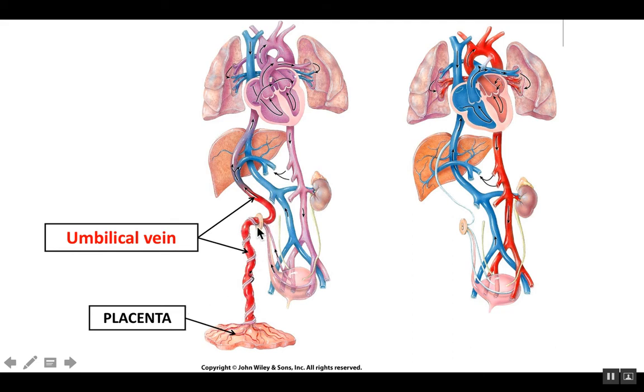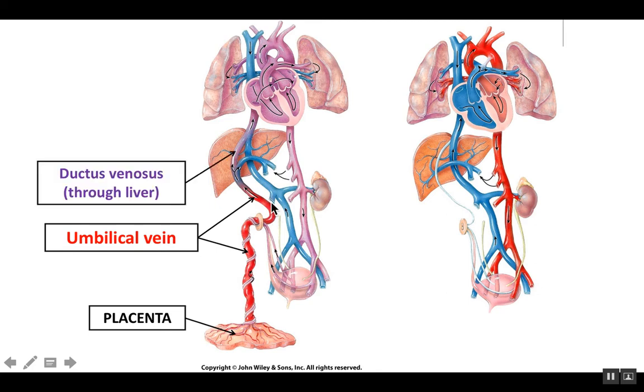Here's the umbilical button, if you will, and that's where the umbilical vein enters the fetus. It actually travels through the liver, where it's known as the ductus venosus, but that eventually attaches to the inferior vena cava. So this is where the fetus is really picking up this oxygenated blood.